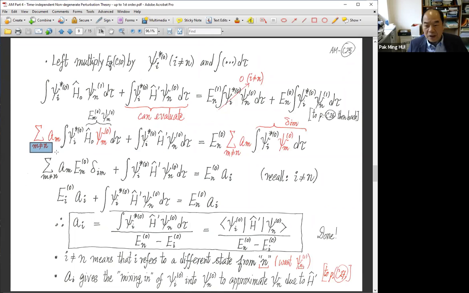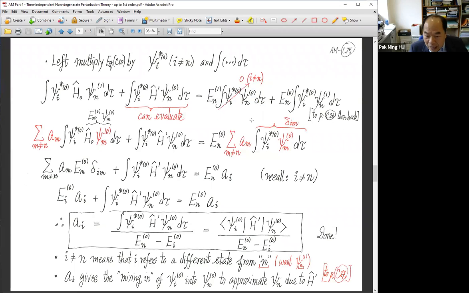Meaning the correction is to mix in all the others, to decorate the zeroth order one to approach the first order state. Similarly, the last term here, the expansion, okay? The first term on the right-hand side disappeared due to orthogonality, okay? So now we can get the answer in two steps, rather interesting.